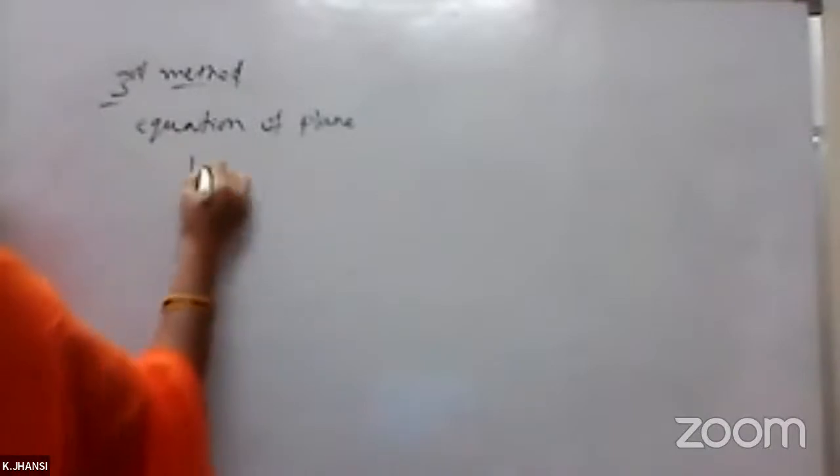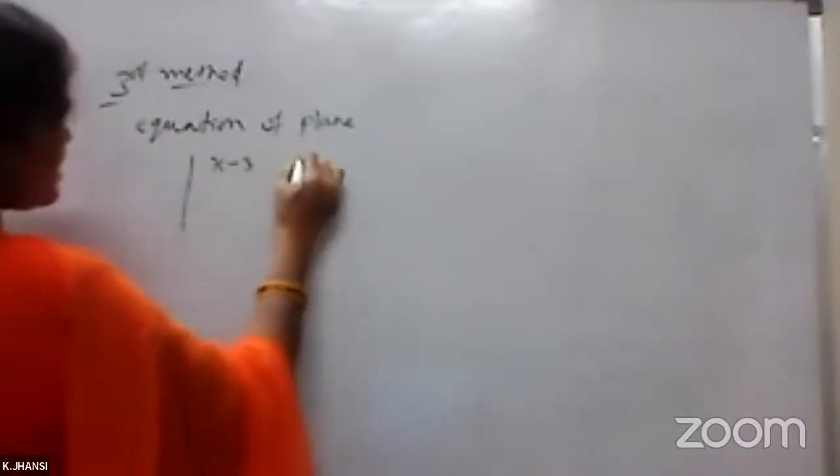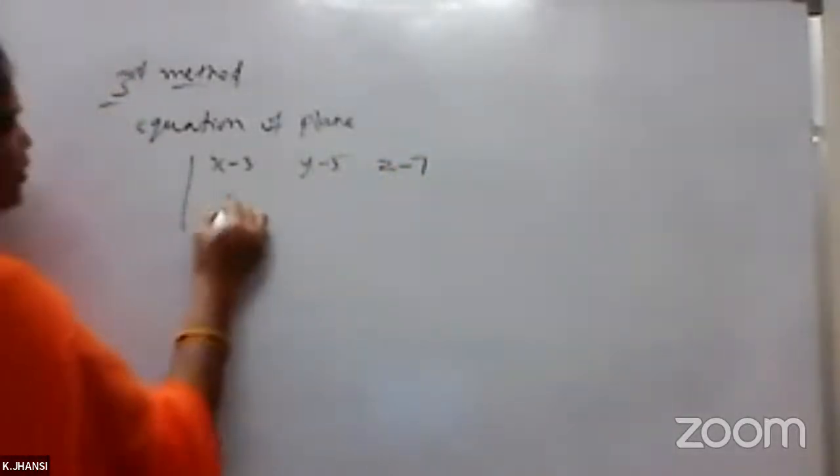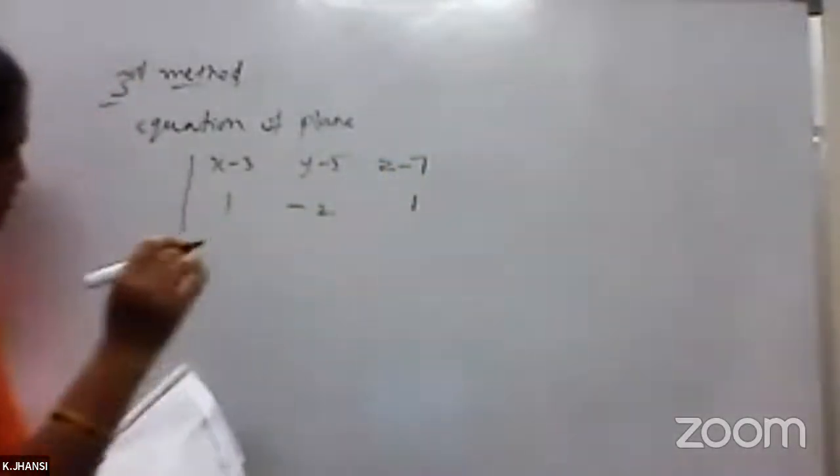So this is first x minus x1, y minus 3, y minus 5, z minus 7, and in the denominator we have 1 minus 2, 1.